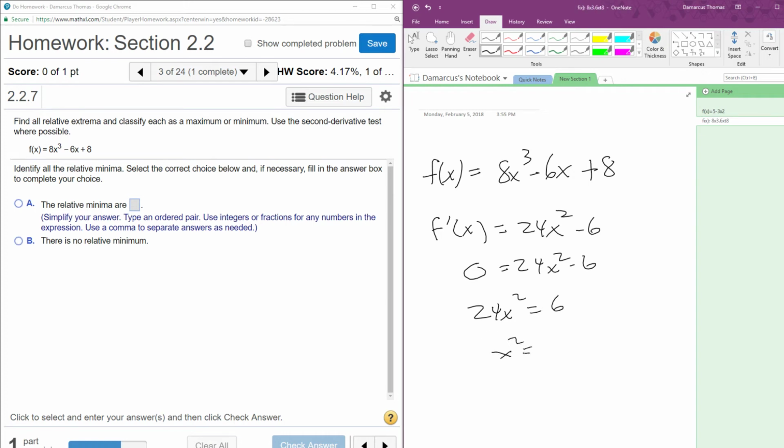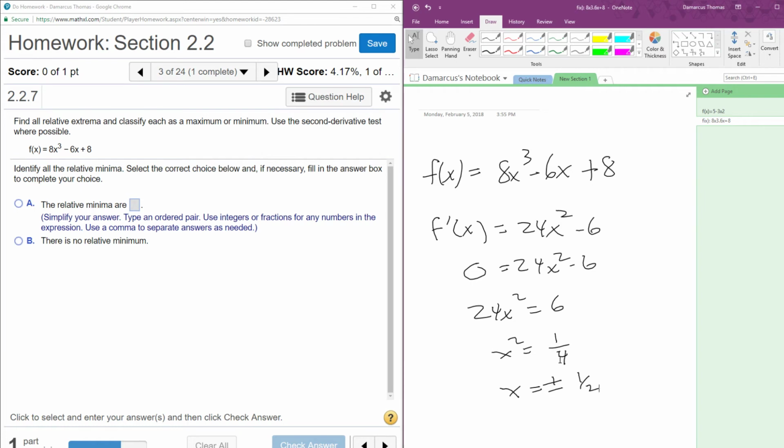I'm getting x squared is equal to 1/4. Now, when I take the square root of both sides, I'm getting that x is going to be equal to plus or minus 1/2. The square root of 1/4 is 1/2. So my two critical values are plus or minus 1/2.